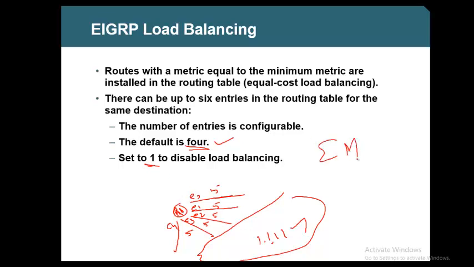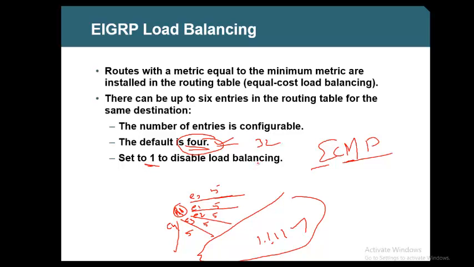Both are the same. ECMP means equal cost multipathing. Correct, sir. You see here the cost is 5555 on all links, and up to 4 paths by default will be used. If you want to increase, you can increase up to 32.